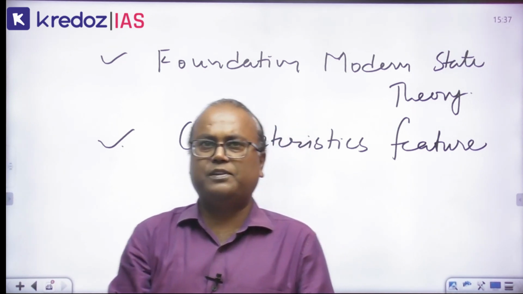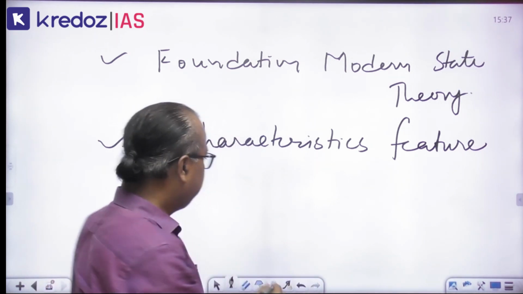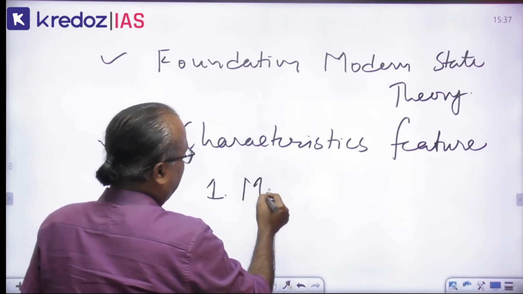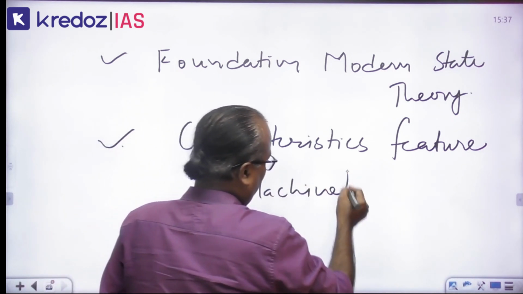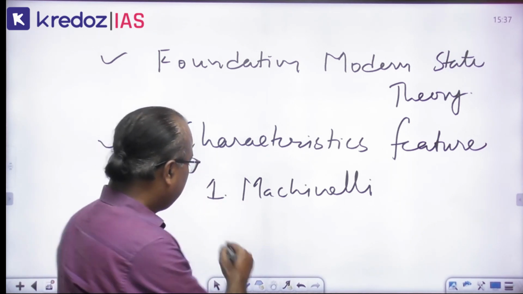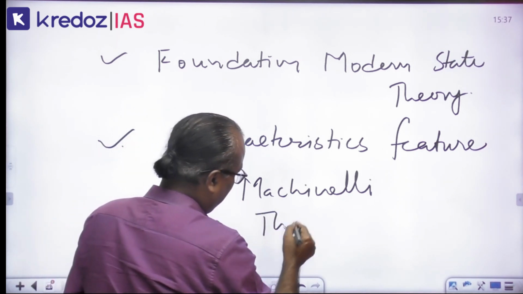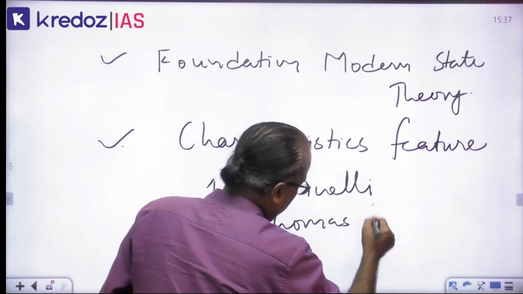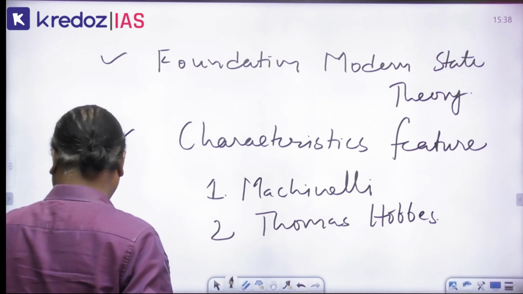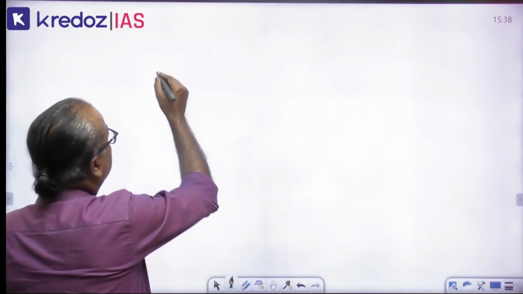Then one by one we will study the modern Western political thinkers. We will start with Machiavelli, the first one here. Then Thomas Hobbes. After finishing Thomas Hobbes, we will go for John Locke, the third one.